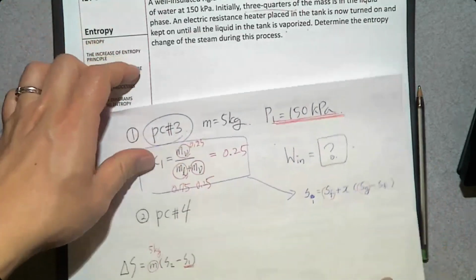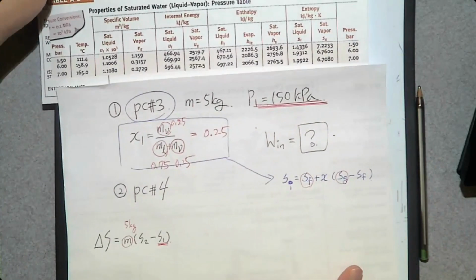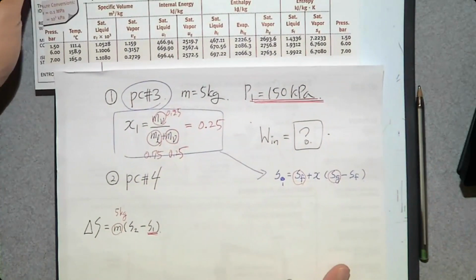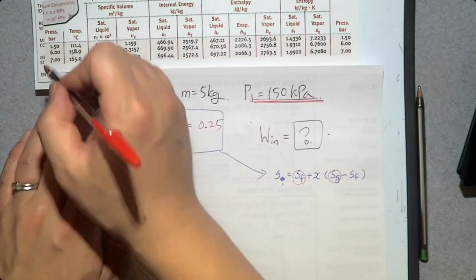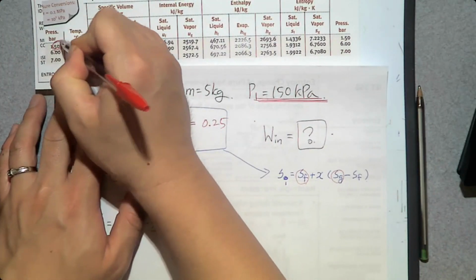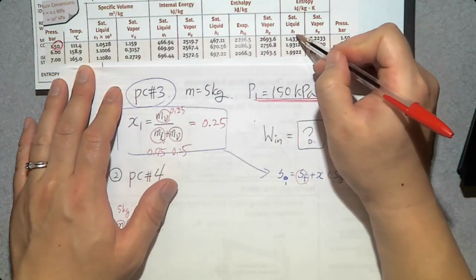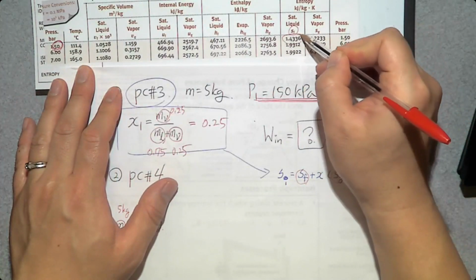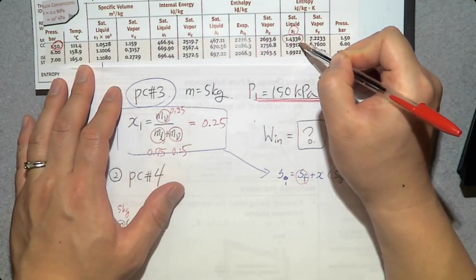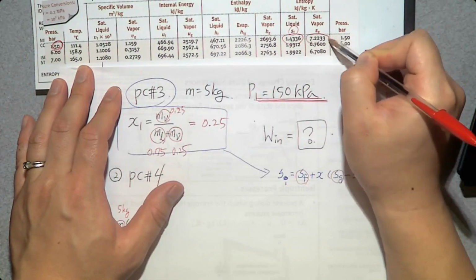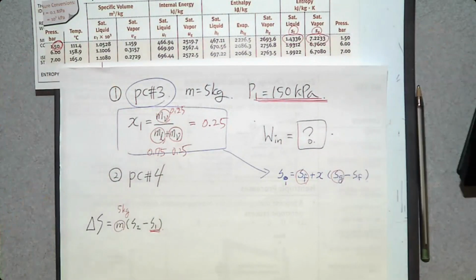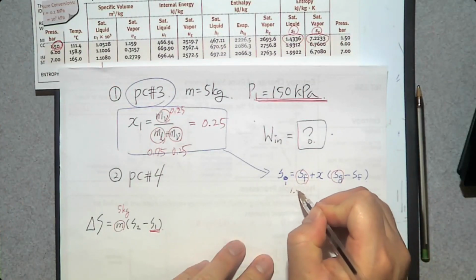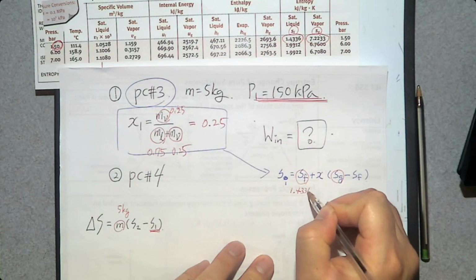So let's go to 150 kilopascal. There is a table at 150 kilopascal, this one. What is SF? 1.4336 is SF. 7.2233 is SG. So we have SF and SG.